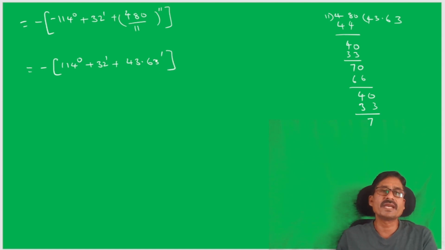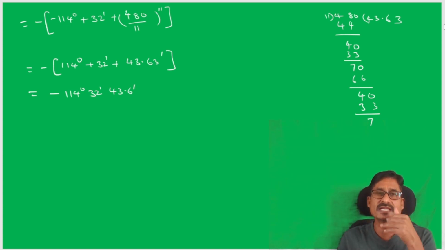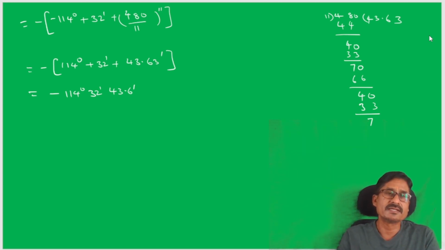Finally what we write, that is minus 114 degrees 32 minutes and 43.6 seconds. We just write 6, that is enough, because 3 is less than 5, so that's why we take like that. Now which option is correct here?